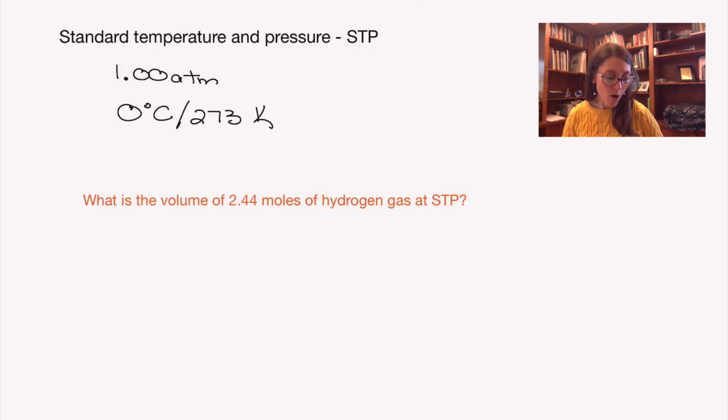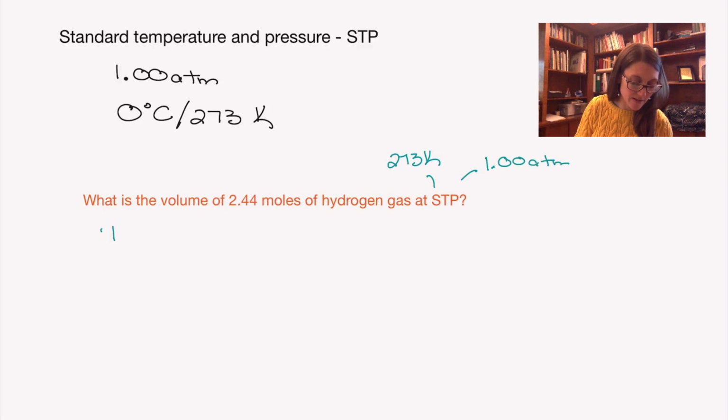For example, what's the volume of 2.44 moles of hydrogen gas at STP? 2.44 moles, that's the right unit for our number of particles. STP tells me that the temperature is 273 Kelvin and the pressure is 1 atmosphere. This means, since I've got one gas at one moment in time, I can plug in my different values.